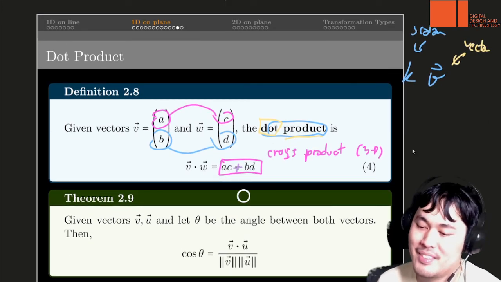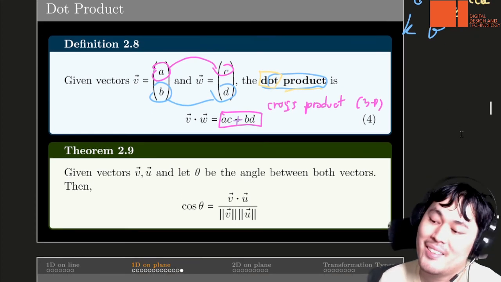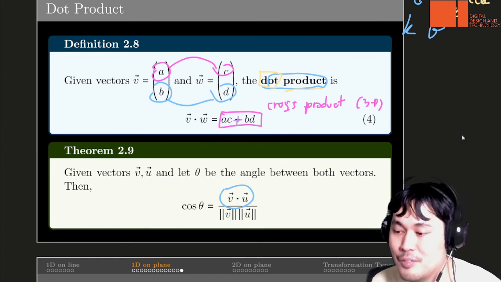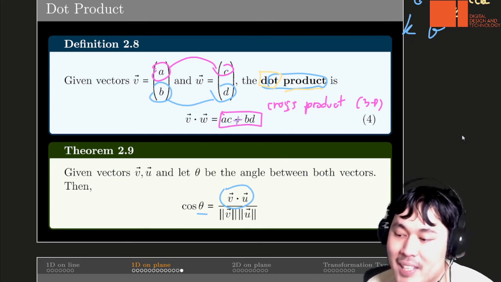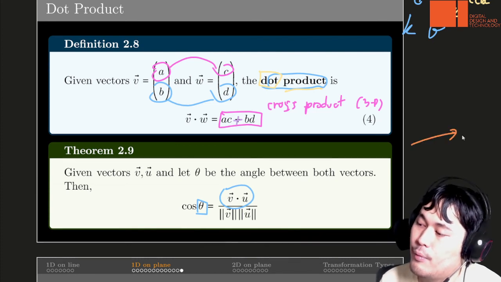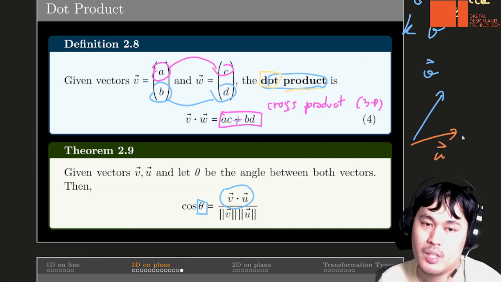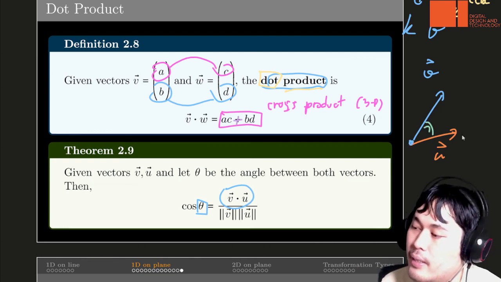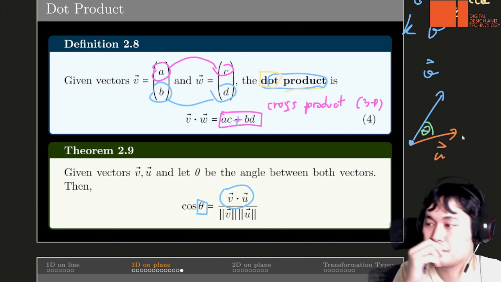And so yeah, I have just a short theorem, in case you are curious where you use it. We can use this dot product in this formula to compute the angle between two vectors. So if you have a vector u, and a vector v, let's say we put the initial point at the origin, so that there's an angle between them.